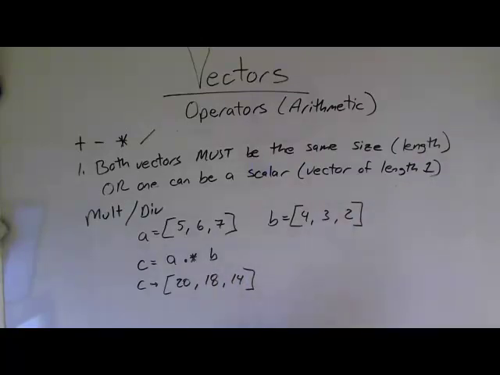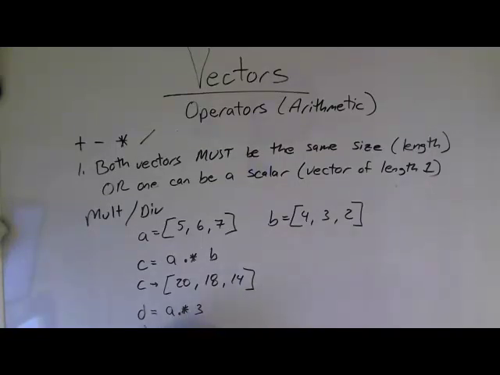Okay? Now we don't necessarily need the dot notation if we're using just a scalar. If we did A times 3, that would work. But just so that you're getting in the habit, go ahead and put that dot in there. It doesn't hurt anything, and that way you'll get in the habit of using it.